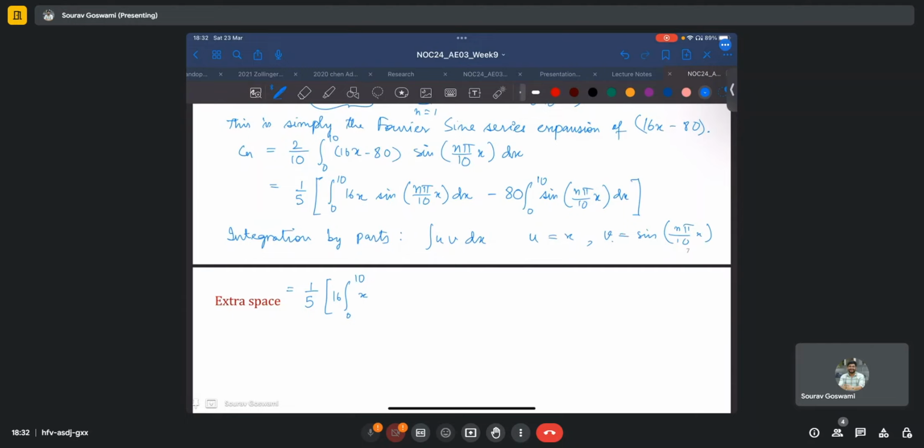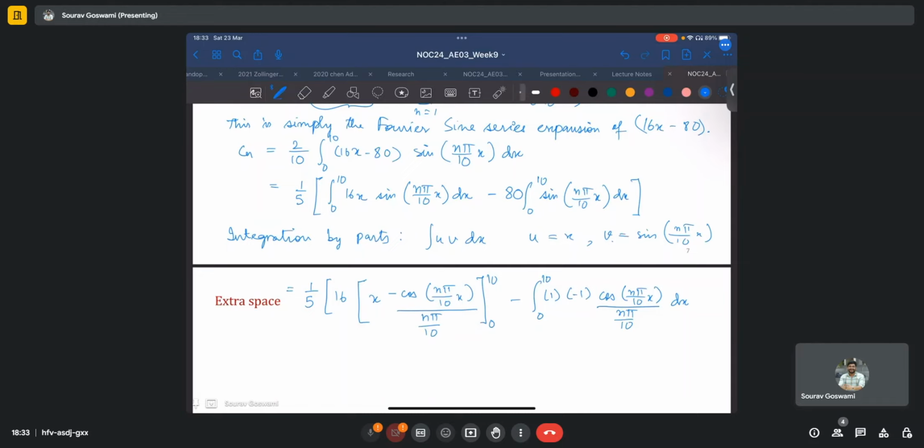So this will turn out to be u into integral of v dx, which will be minus cos n pi by 10 x by n pi by 10, evaluated between 0 and 10, and minus integral of the differential of u, which is only 1, into integral of v dx, which then turns out to be cos n pi by 10 x by n pi by 10, whole dx.